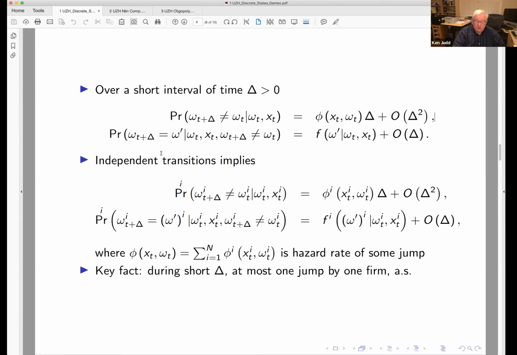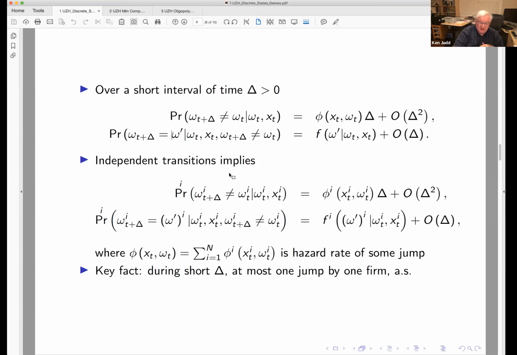The probability that if you do have a jump, you're going to jump to omega prime is also some density, also with an order delta error, because over a finite period of time delta, maybe you have two jumps. But as delta gets smaller and smaller, the probability of having two jumps disappears. And so asymptotically, as delta goes to zero, you'll just have one jump.